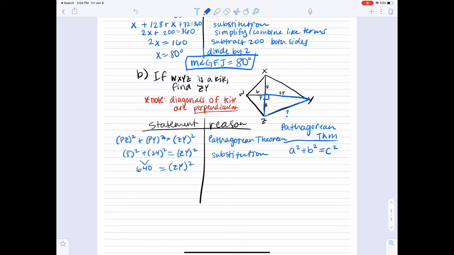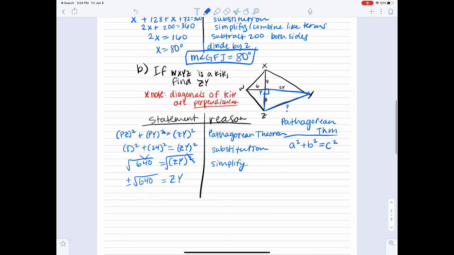Okay, that is simplifying or combining on that left side. And then remember, to get rid of a squared, we take the square root right here. Okay, and so ZY equals the positive or negative square root of 640.